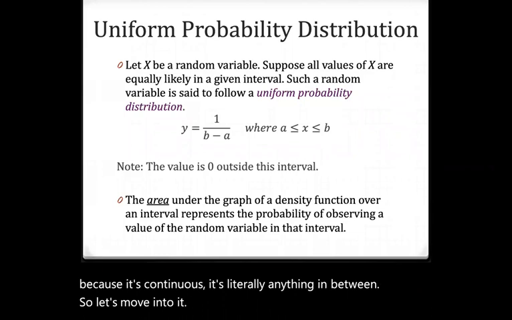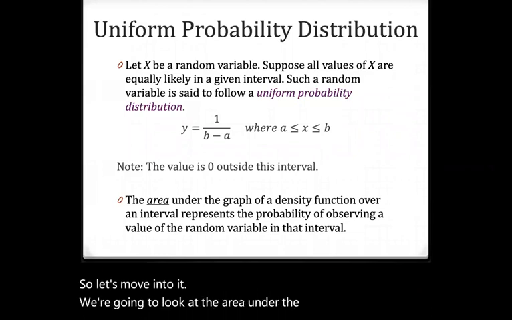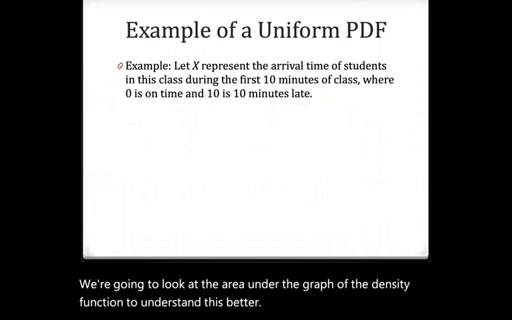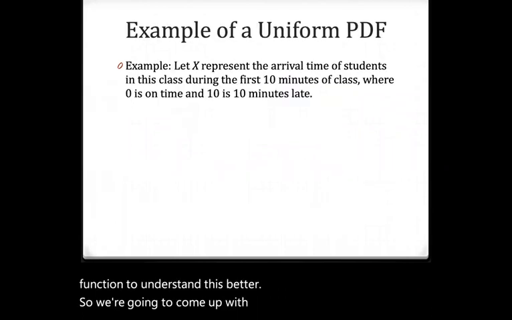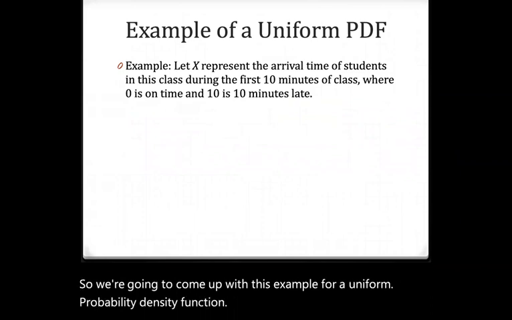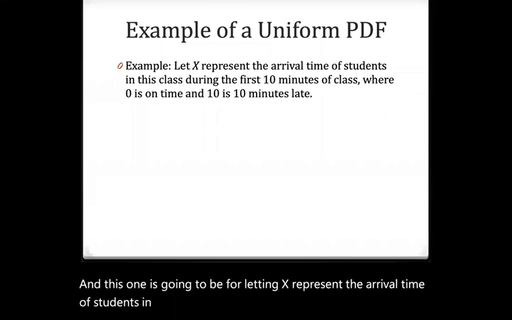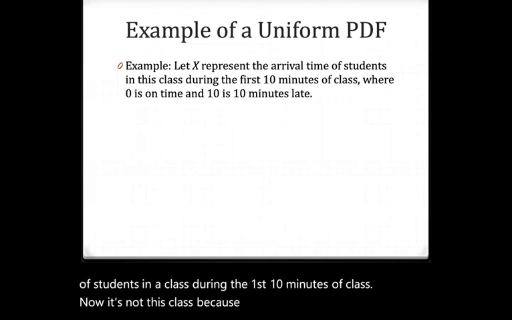We're going to look at the area under the graph of the density function to understand this better. So we're going to come up with this example for a uniform probability density function. And this one is going to be for letting x represent the arrival time of students in a class during the first 10 minutes of class. Now, it's not this class because this class is asynchronous, but bear with me.